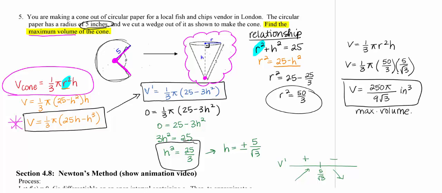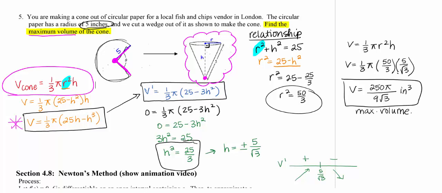So I hope you found these optimization problems to help you sort through how to set these up and how to find what you're trying to find. The relationship, and really pausing and reading your problem and figuring out what is that relationship between the variables if needed.